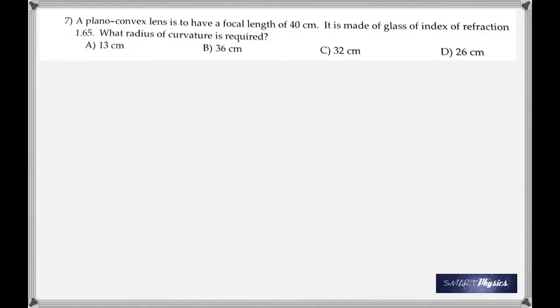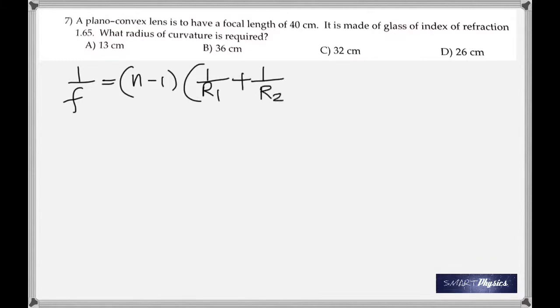7. This is a plano convex lens. One side is plane. That means the radius of curvature is infinity. And it has a focal length 40 centimeter. What is the radius of curvature of the other surface? Now the lens maker's equation: 1 by f is n minus 1 times 1 by r1 plus 1 by r2.